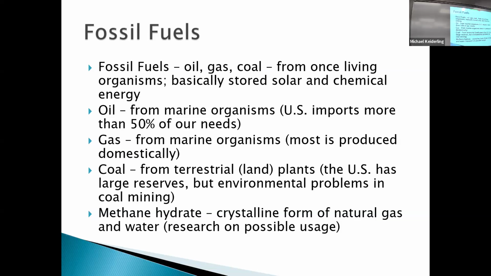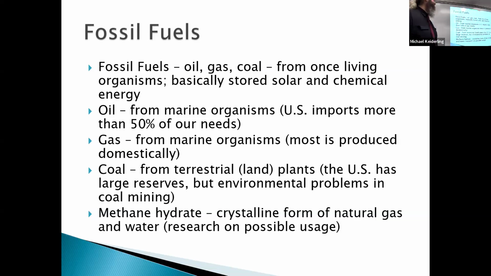The oil is from marine organisms. These numbers for amounts might be off. I don't think we import more than 50% of our needs anymore, but we do still import quite a bit. Gas is also from marine organisms. In fact, we export gas. We produce more gas than we use.